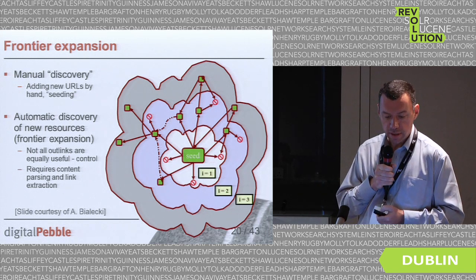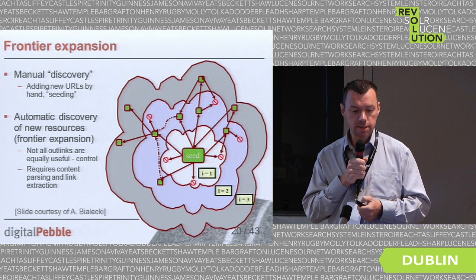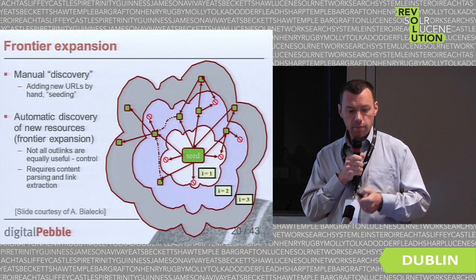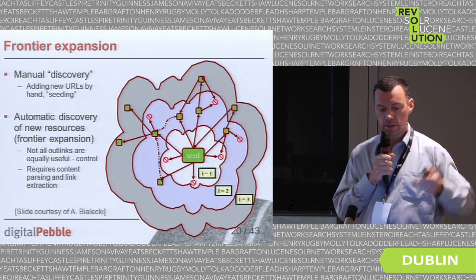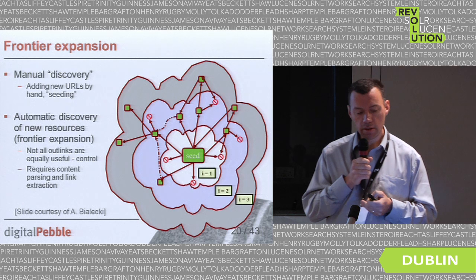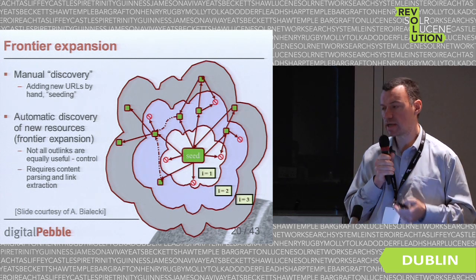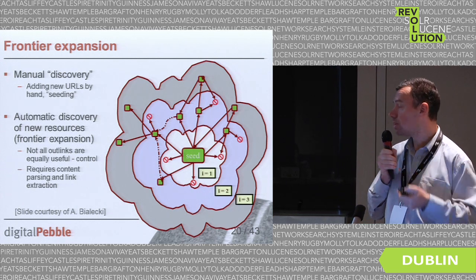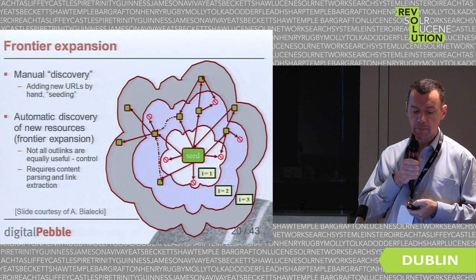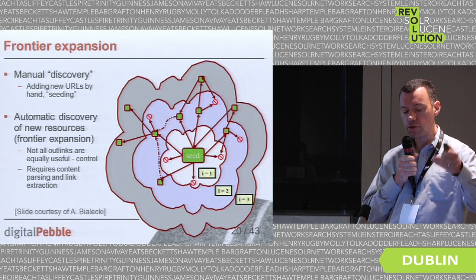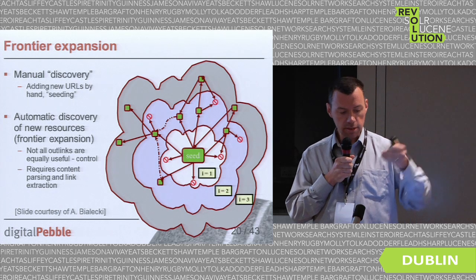Another way to look at this is in terms of frontier expansion. So the first step is the manual discovery, when we inject seeds that we already know about. The rest is just we discover new frontiers, new URLs.